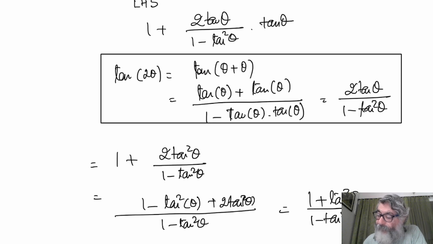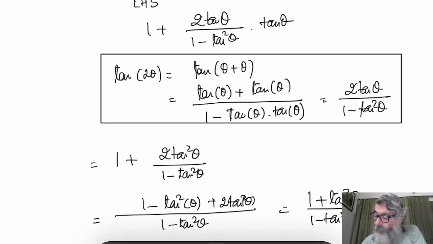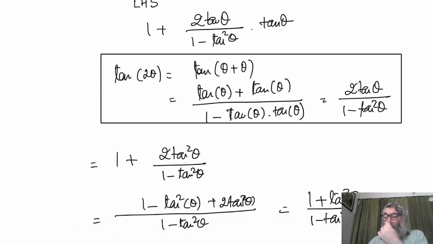Now again we have to check what formula this is. This is also a formula. Let me write it in a different color. 1 plus tan square theta upon 1 minus tan square theta.